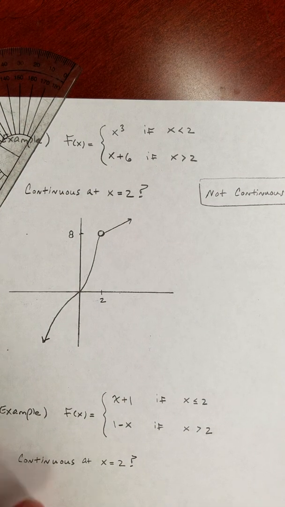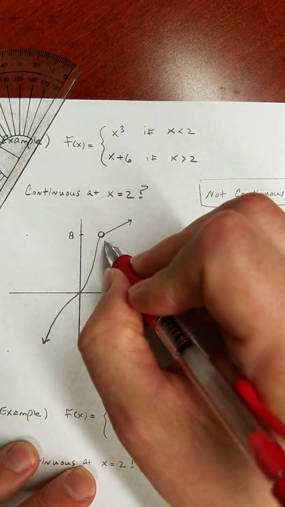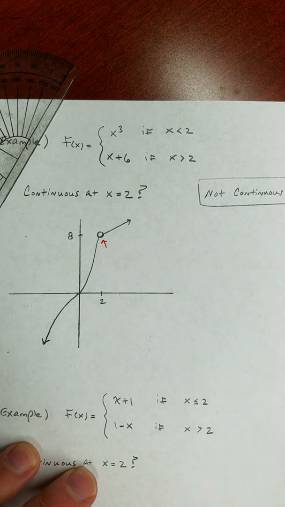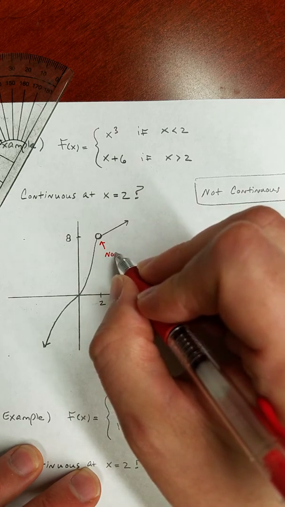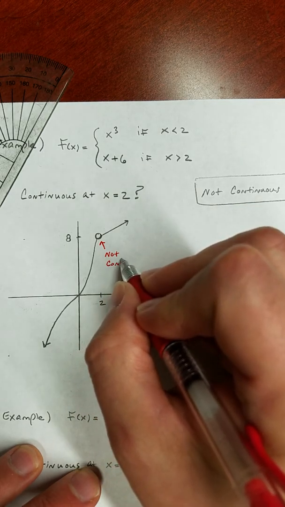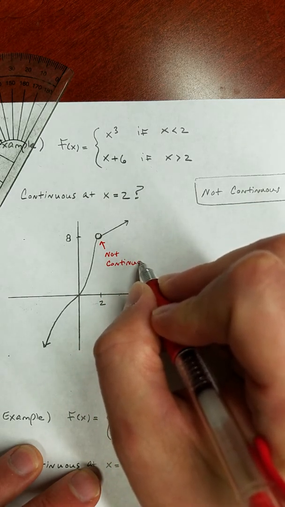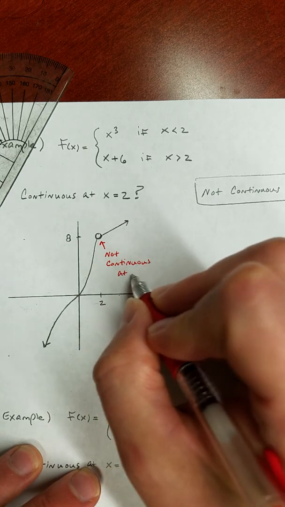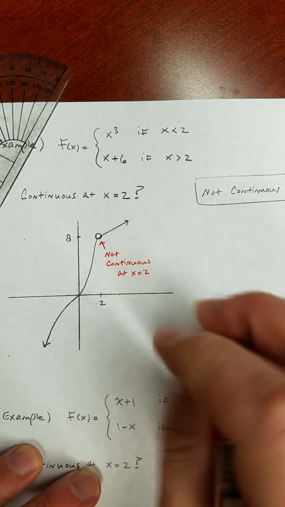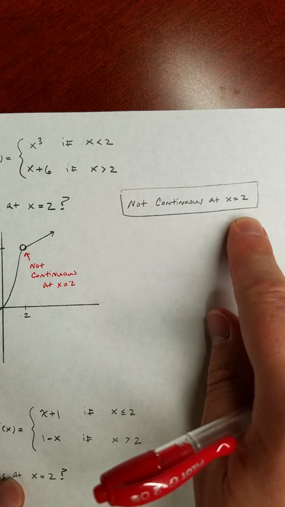Okay, so there's an accurate picture of what that function looks like, and look right there, see that hole? All because of that, it's not continuous at 2. Now, I had already said that.